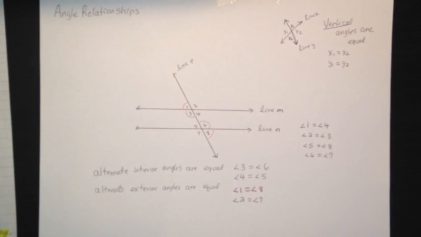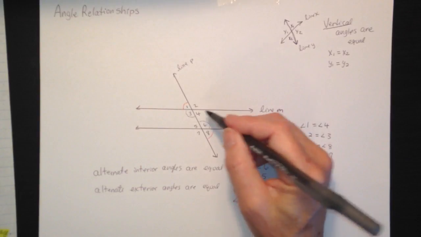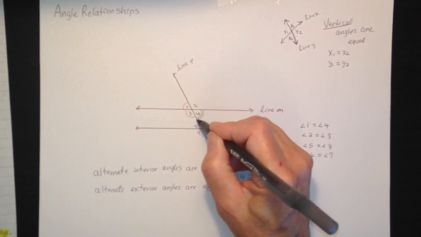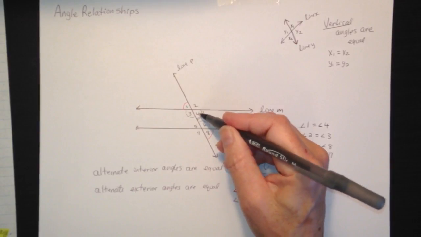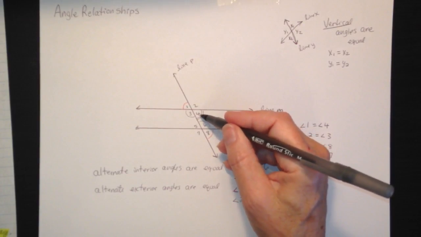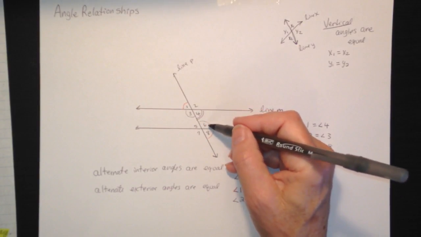Then we have some relationships involving supplementary angles. Interior angles on the same side of the transversal are supplementary. Angle 4 and angle 6 are interior angles, and they're on the same side of the transversal.